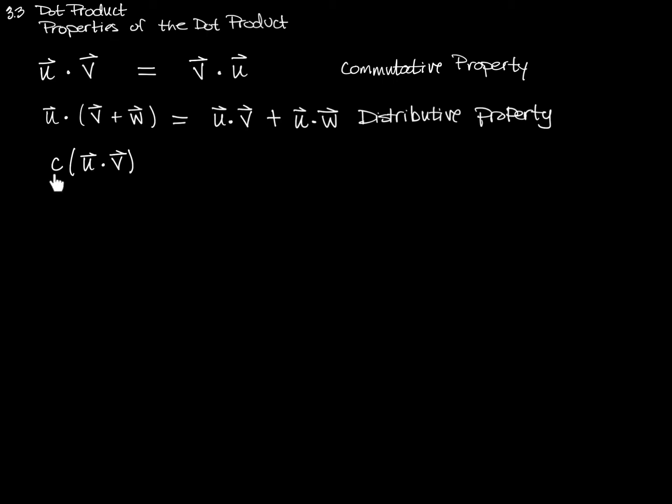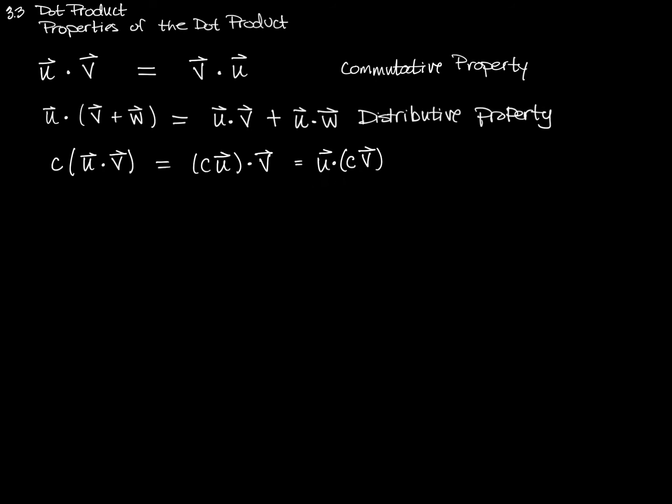If I take this number c and I multiply it by this number, I'll get the same thing as if I had chosen to multiply c first by the vector u and dot that vector with the vector v, or I can take that number c and multiply it by the vector v and dot u with that vector, right? If u is a vector and I scale u, I still have a vector. This vector dotted with v is the same as this vector dotted with u.